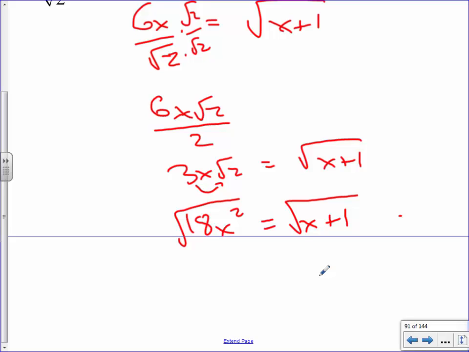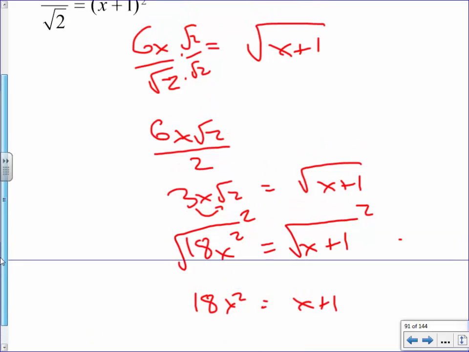So when I square both sides, all that really happens is the square roots come off. Make sense? And you're left with 18x squared and x plus 1. I don't even need to FOIL anything, which is kind of nice. Now, is this always going to be something you can do? No. But in this case, it didn't turn out too bad.